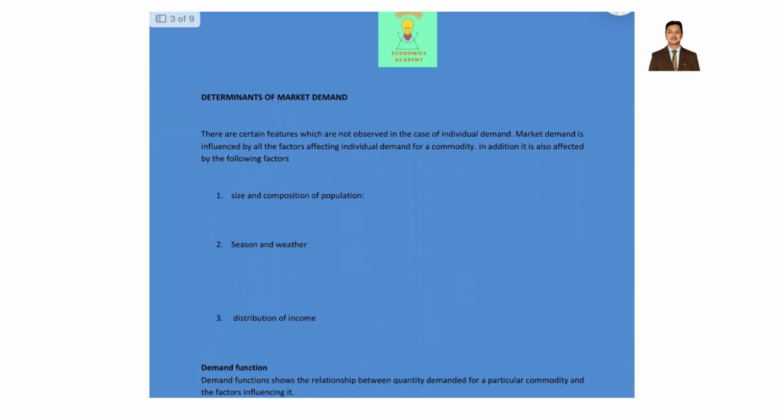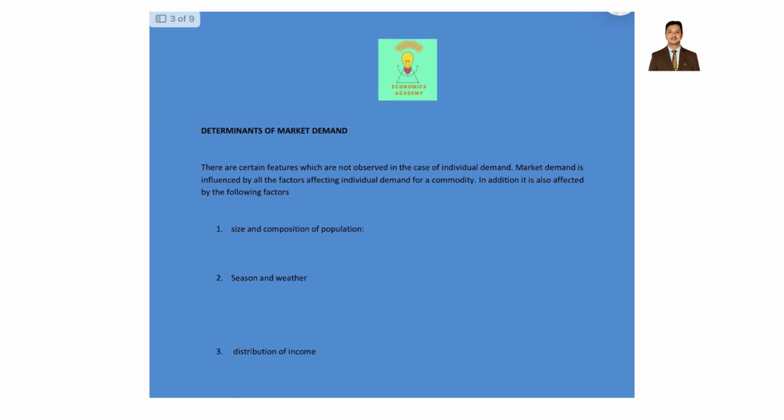Now, determinants of market demand. Along with all the determinants of individual demand, there are certain added determinants of demand when it comes to market demand. That is size and composition of the population.